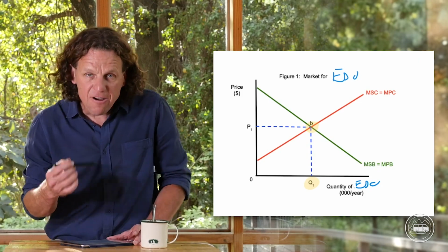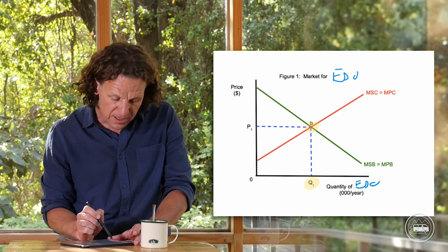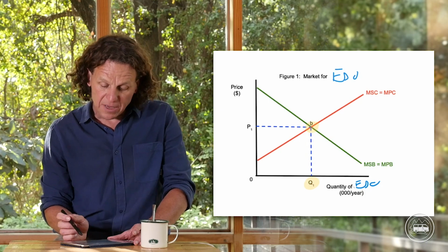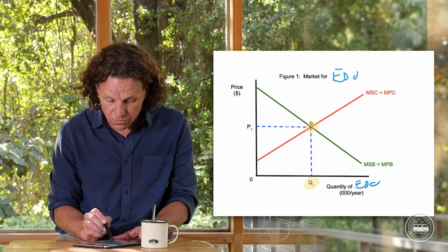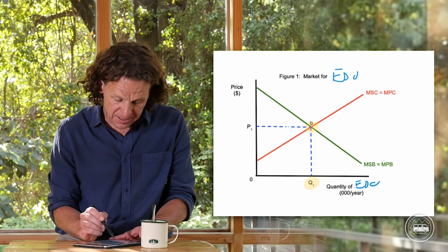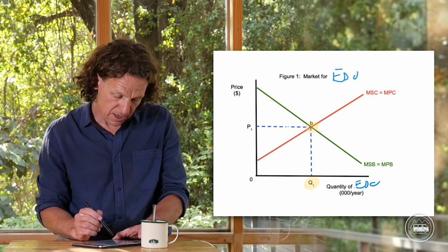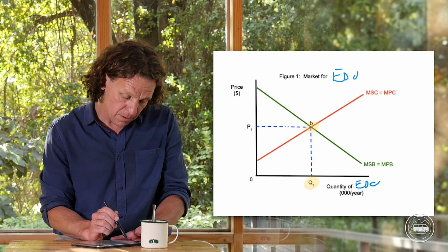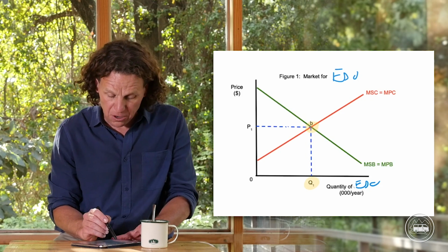But merit goods like education and healthcare, the assumption is are always underproduced, which means that the marginal private benefit is less than what it would be if the government were able to get it to its socially optimal level of output, okay?